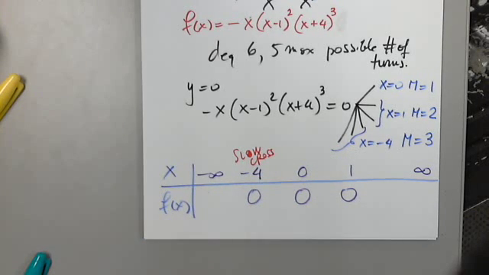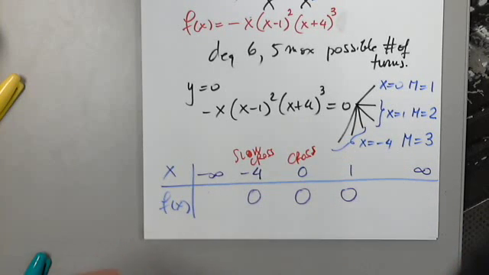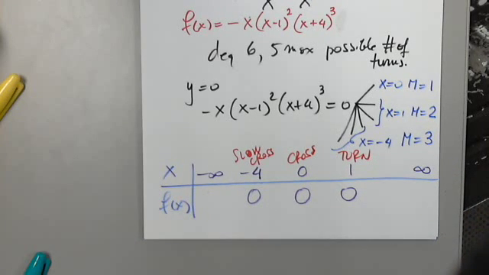What does it do at 0? Multiplicity 1, so it has to cross. But is it a fast cross or a regular cross? What about 1? At 1, the multiplicity is 2, so what must it do if it's even? Yes, it is a turn. One more time. Odd multiplicity, think in terms of the linear function. Even multiplicity, think in terms of quadratic. Better? Okay. I know it's a lot.